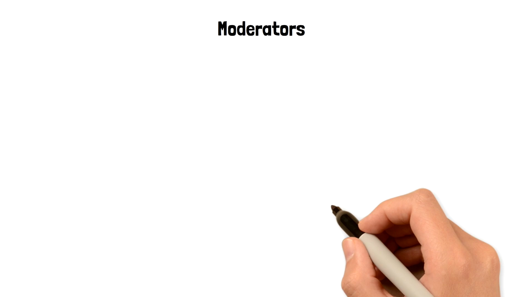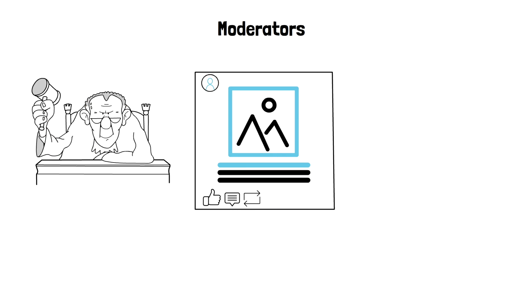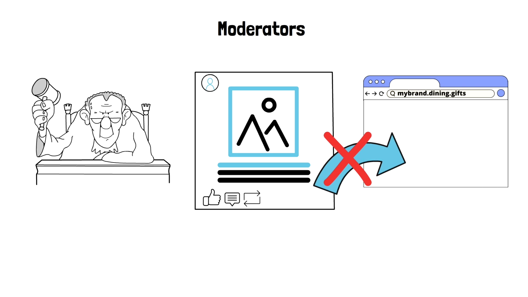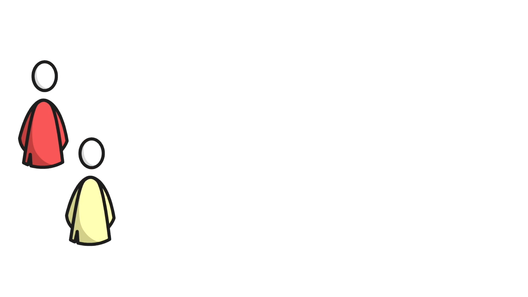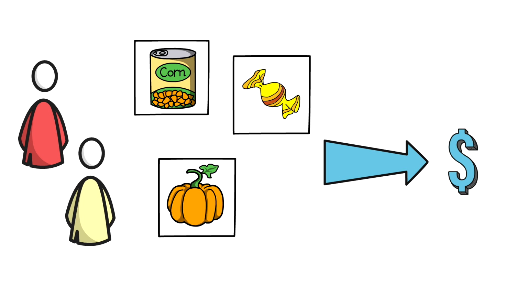Moderators. Some of the content posted by your visitors or other users may violate local laws or your business policies, and it is essential that such content does not appear on your website. For example, some users may try to abuse the system by posting random dish images to collect rewards, so you and anyone you grant moderator privileges will be able to block these users.